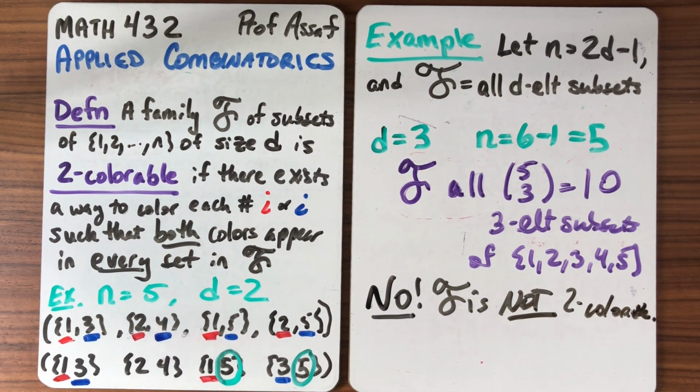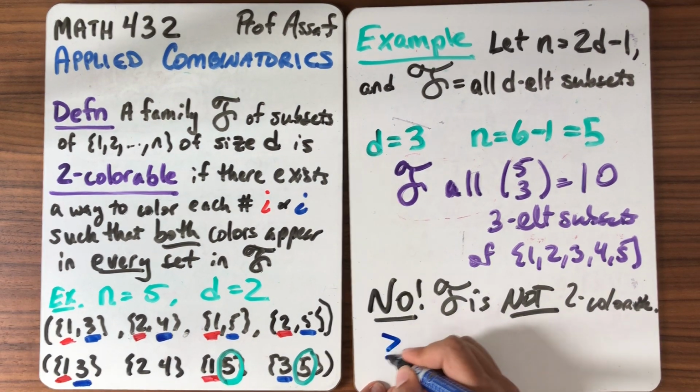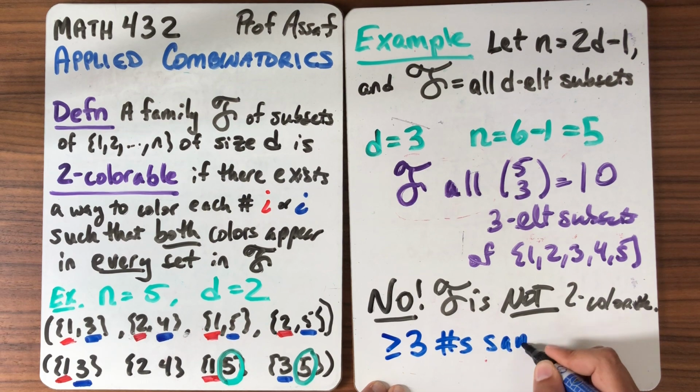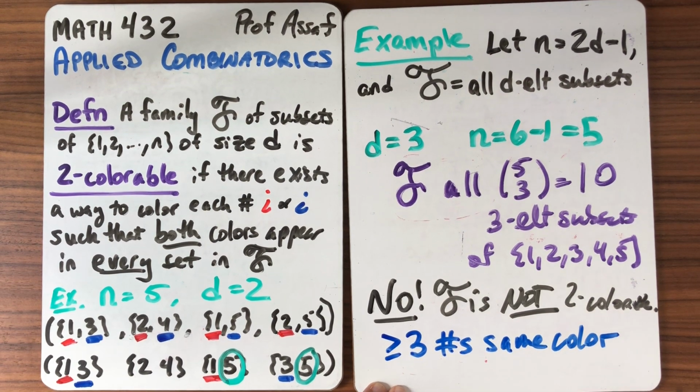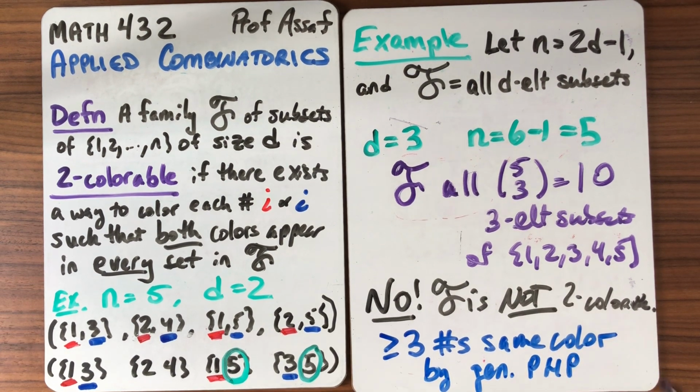Why not? Well, I'm coloring these 5 numbers either red or blue, okay? So we must have at least 3 numbers that are the same color by the generalized pigeonhole principle. If I'm coloring them 2 ways, at least half of them.